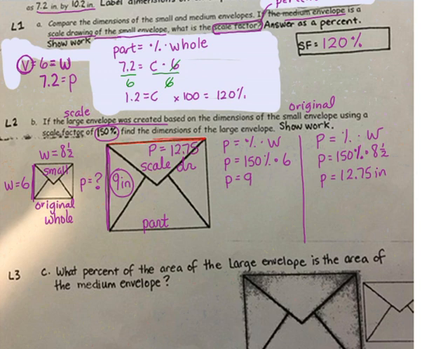This is the scale drawing length of 12.75. And we found that by multiplying the original number times the scale factor of 150%. And then this was the width of the envelope, and we found that by multiplying the original width times 150%, and that gave us 9.